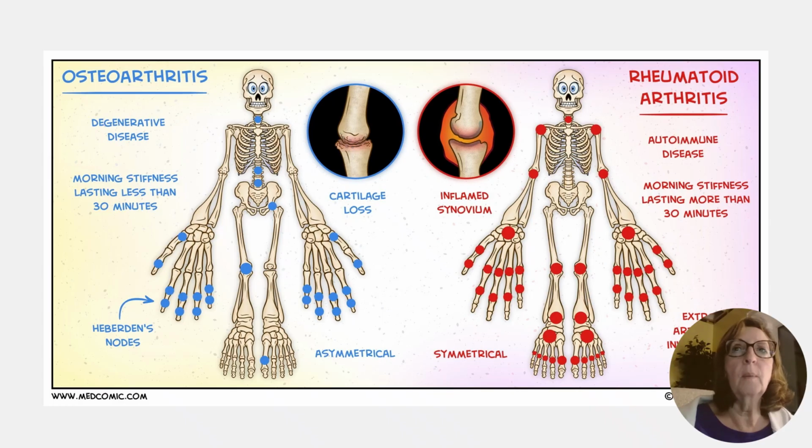The synovium gets inflamed, and that's what causes the deformities. Whereas with osteoarthritis, the cartilage goes away, so you end up with bone on top of bone. Okay, it's a degenerative disease. Rheumatoid arthritis is an autoimmune disease. So please make sure that you are very comfortable with the knowledge of the differences between osteoarthritis and rheumatoid arthritis.